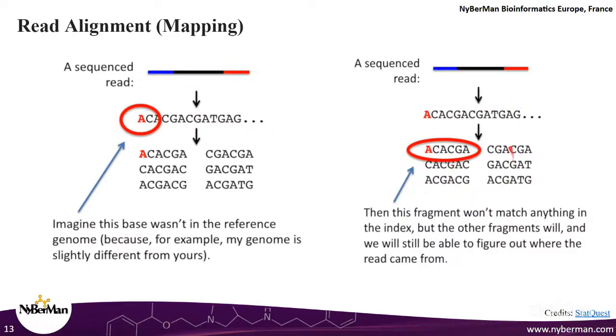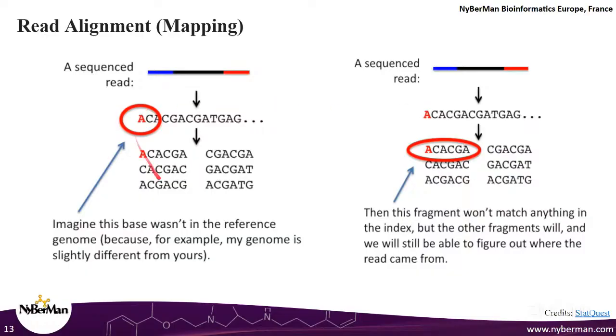So if these 5 matched a contiguous region in the reference genome, but this one did not, then you can attribute this mismatch to something such as a bad quality base call, or that it was just not there in my reference genome. But you are not discarding this read, you are not missing out on information, right?